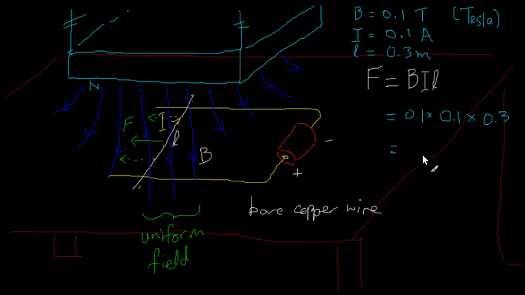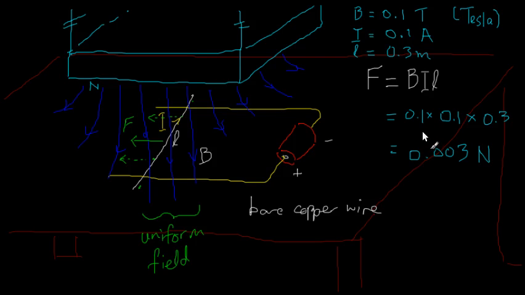Okay, so the answer is 3. Let's see, 1, 2, 3 decimal places, so 0.003 Newton. Newton is the unit for force. So this is just a quick example of how we might use this formula.